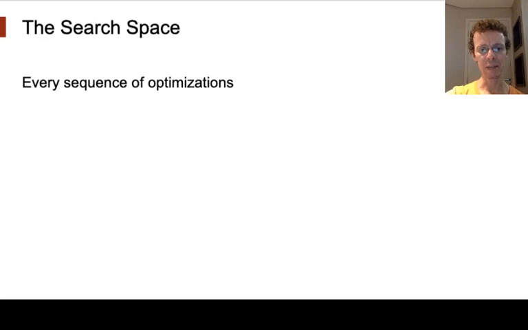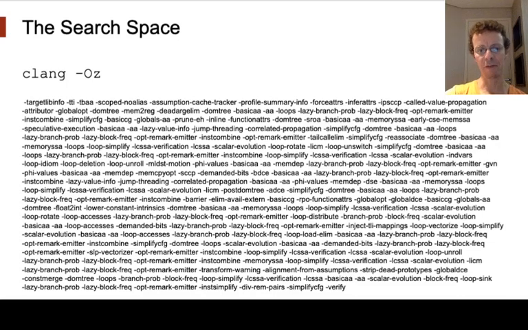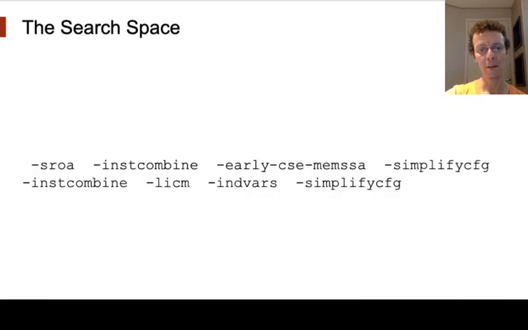This space that we need to explore is formed by every possible sequence of optimizations that can be applied onto programs. Note that the same optimization can be applied multiple times onto the same program. Thus, we can have some very large sequences of optimizations, like this one produced by Clang -Oz, or short sequences.